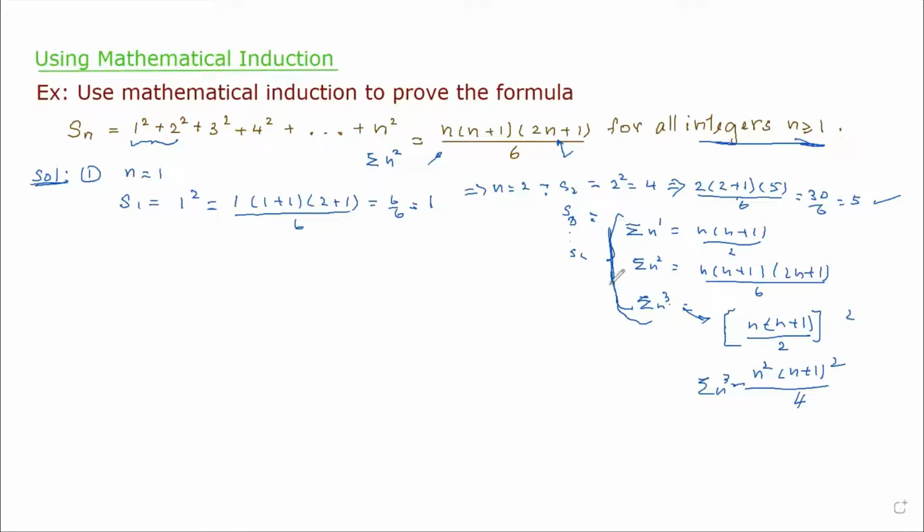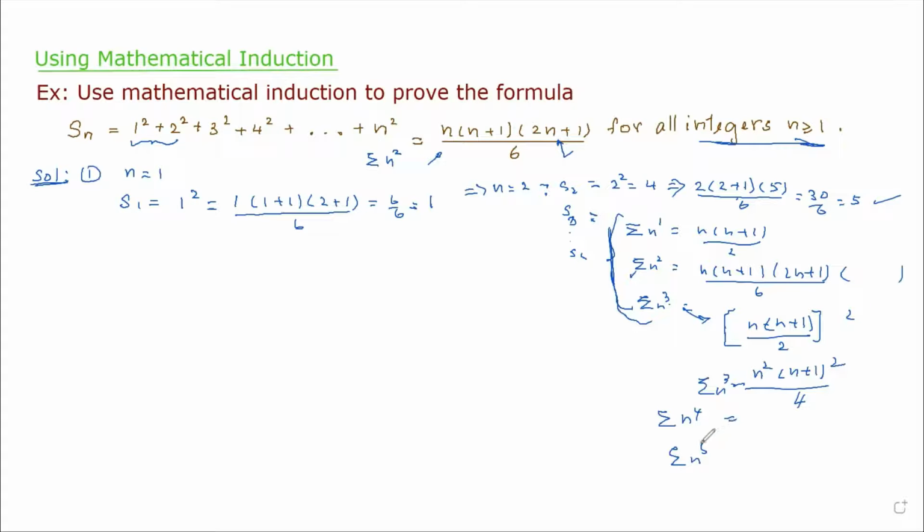You still have to keep in mind, because in PAT questions they like to give these also. I may give you sigma n4 and sigma n5, but they are a little bit more complicated. n4 is similar to this one, with one more bracket, and the denominator changes from 6 to something else.